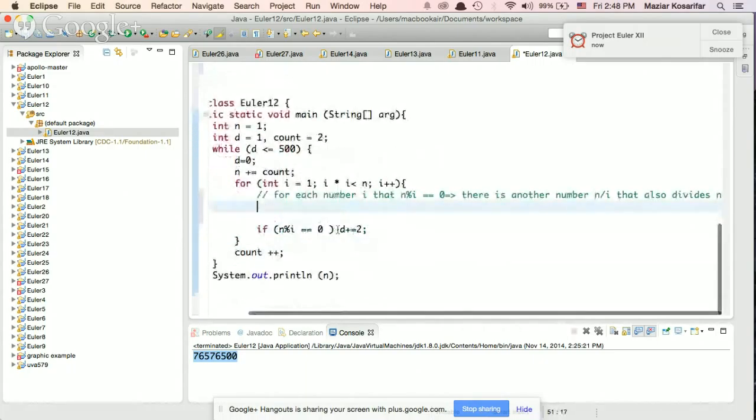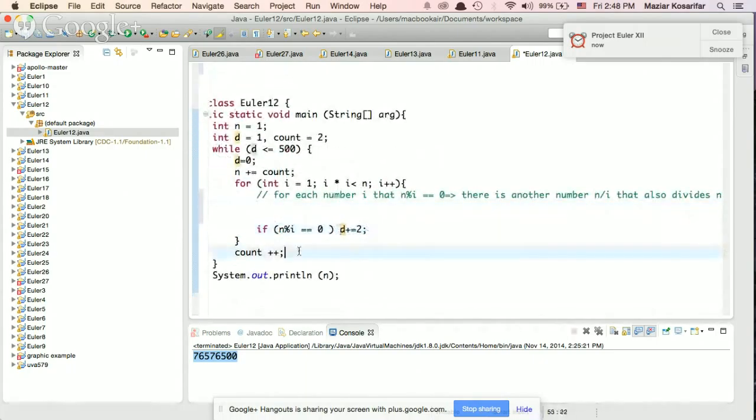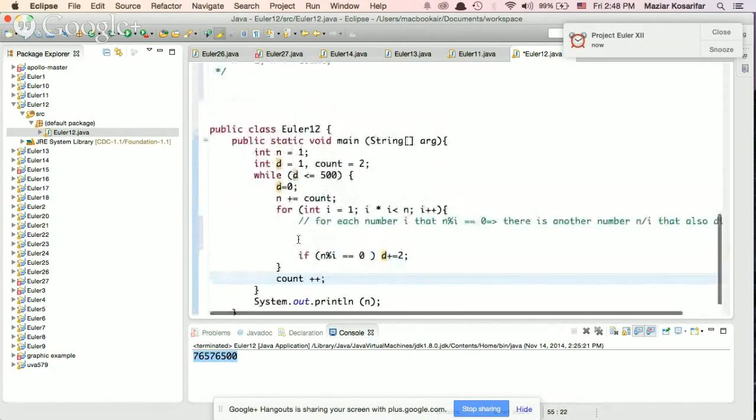So each time I add 2 to d, and each time the count is increased by 1 to create the new term in our triangular sequence of numbers.